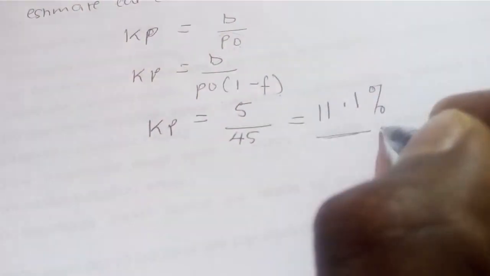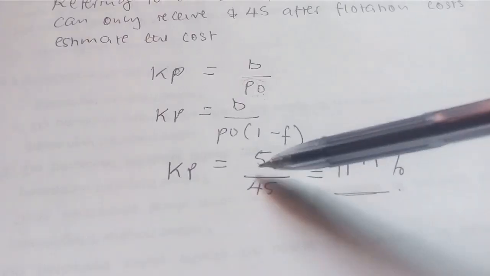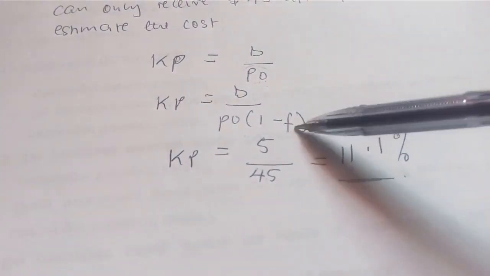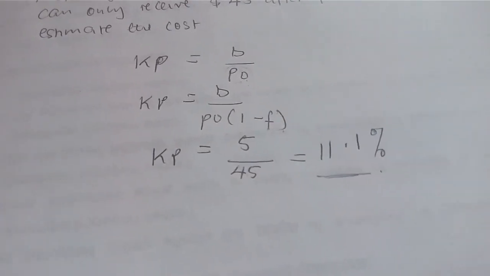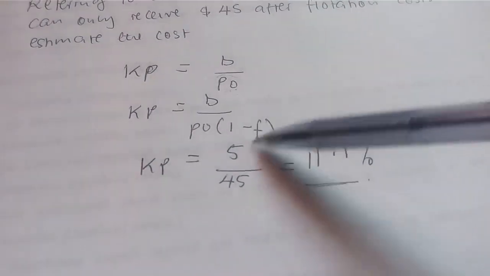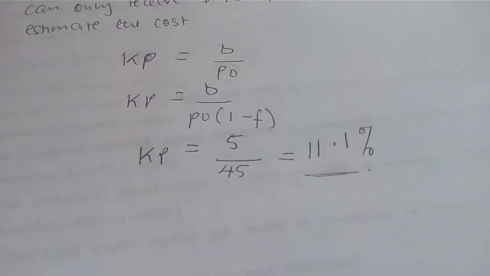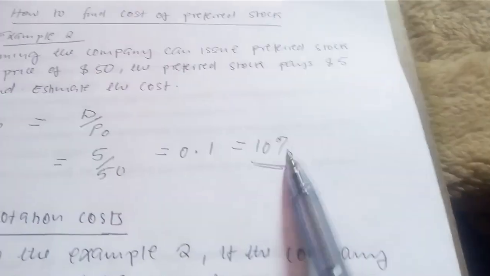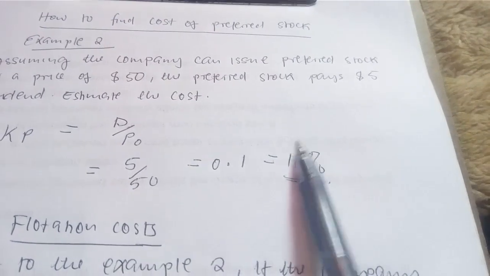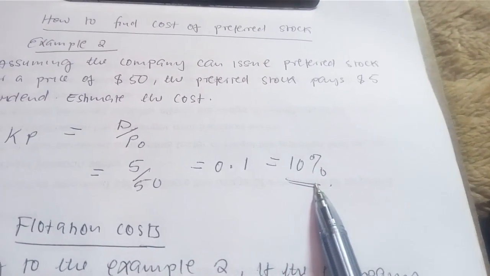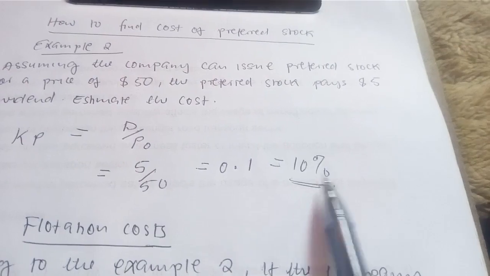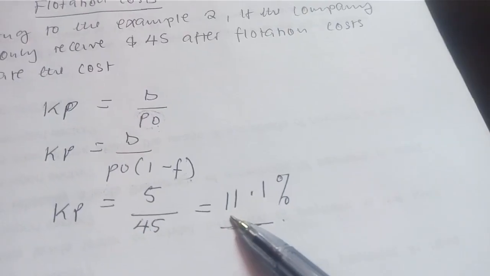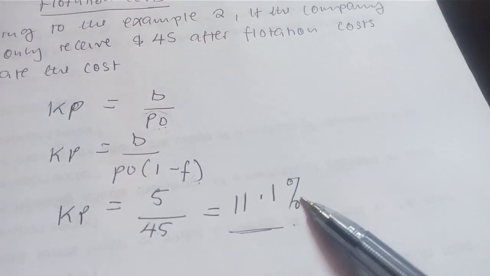So you realize that flotation costs have a tendency of increasing the cost because they are the adjusted costs themselves. They also attribute to the initial cost. So without the flotation costs, in the previous illustration we saw that the cost of issuing these shares directly, ignoring the flotation cost, stood at 10%, and then when we factor in the flotation cost, the cost has risen to 11.1%.